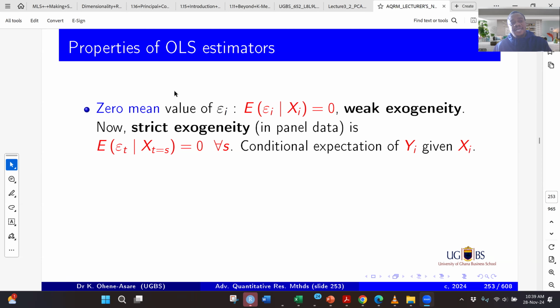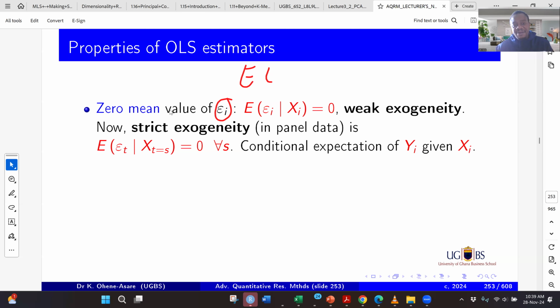The first one, and you want to learn this because it cuts across everything we shall ever do, is the zero mean assumption. This assumption says that the error term, you expect it to be zero.